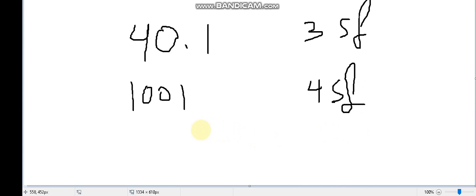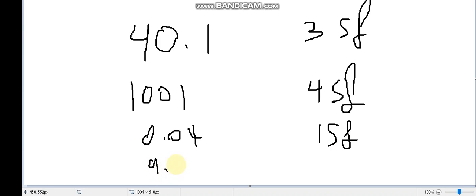Let's assume I have 0.01 or 4, for example. I have 1 significant figure. Let's assume that you have 9.00. Then I have here 3 significant figures.